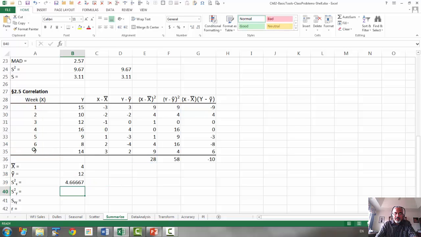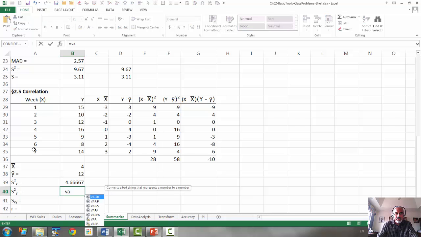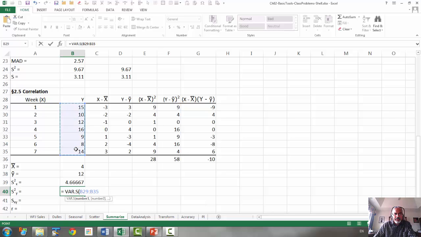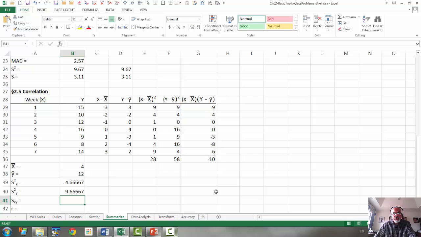Or we can use variance function also. I'll use the variance function for y, which will also be the same as taking that and dividing by 6.